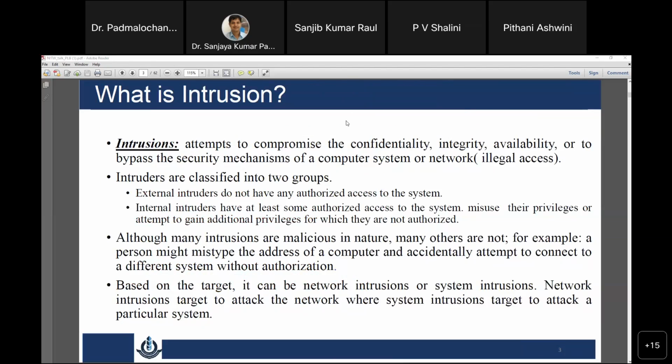Am I still audible? Please, anyone, if I am not audible, please interrupt me. Yes, sir, you are audible. Sir, if possible, could you make it full screen? Earlier it was not in full screen, sir. View full screen mode, sir. Is it fine now?